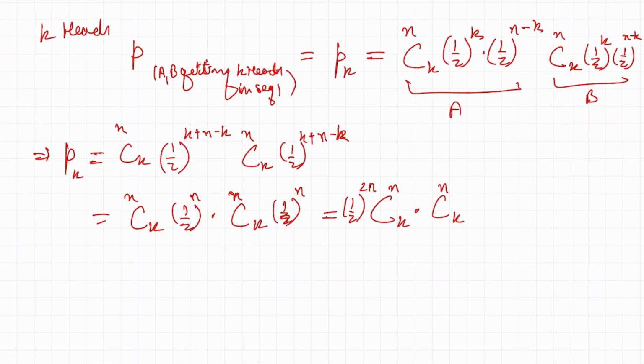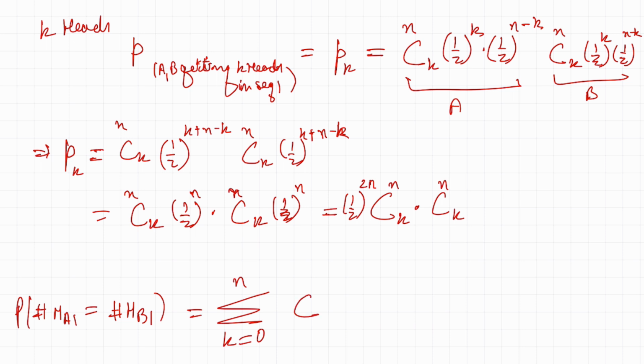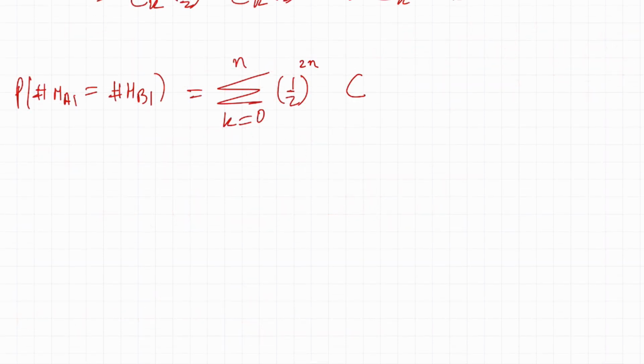But this was just for k heads, and we want to compute this for all possible numbers of heads which A and B can get in the first segment. So the final answer is going to be this: the probability that the number of heads A gets equals the number of heads B gets in the first segment is the summation from k equals 0 to n of 1 by 2 to the power 2n times nCk times nCk.